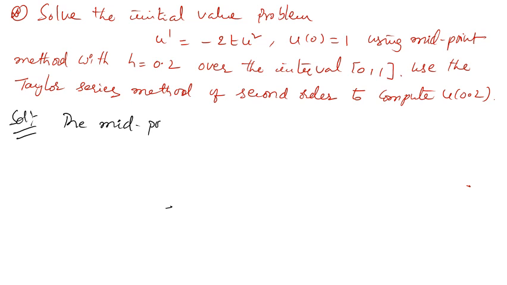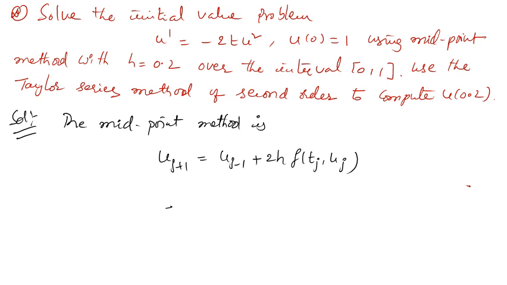The midpoint method is uj plus 1 equal to uj minus 1 plus 2h into f of tj comma uj, equation 1. Here the initial condition is u of 0 equal to 1, that is t0 equal to 0 and u0 value is 1.